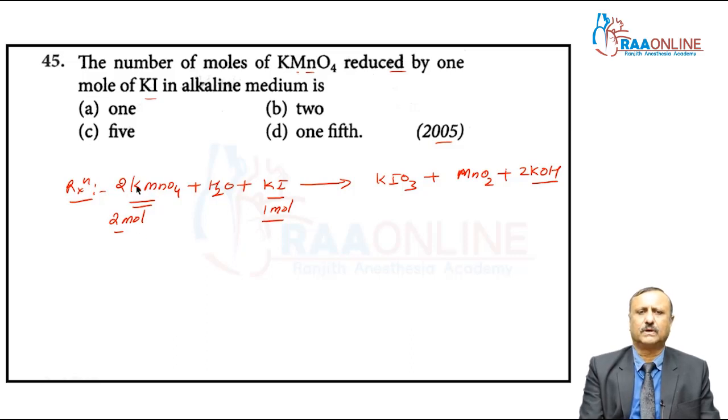Here, my dear students, this is 2, because 2 moles are required for this reaction. So, 2 moles of KMnO4 are used in this reaction, and you can get potassium iodate. So, you can get option B, question number 45, answer B.